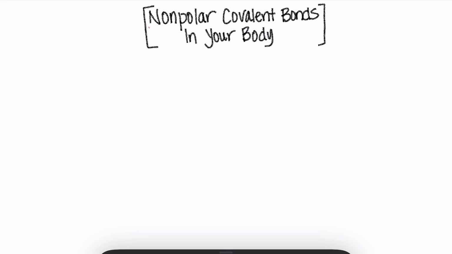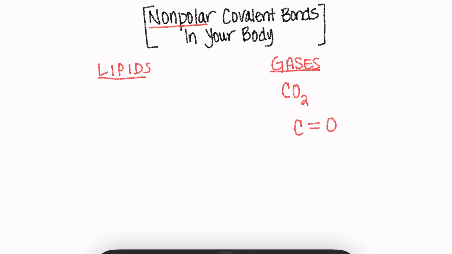The main examples of nonpolar covalent bonds in your body are going to be lipids and gases. So, the one that I just drew for you on the previous page was carbon dioxide. There was that central carbon, and then we use symbols like this to show double bonds. See how there's 2 lines?